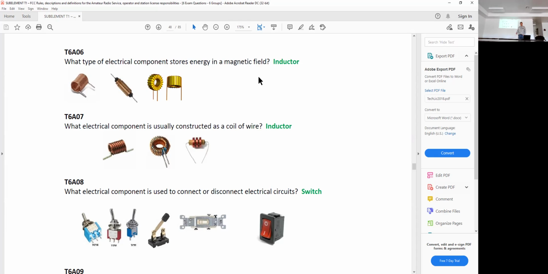So I don't know if when you were a kid you ever took an old nail and wrapped wire around it. But if you did that, you were making an inductor. When you put energy into it, it'll create a magnet. If you put a magnetic field near it, it'll create electricity. So the inductor interfaces between the electrical realm and the magnetic realm.